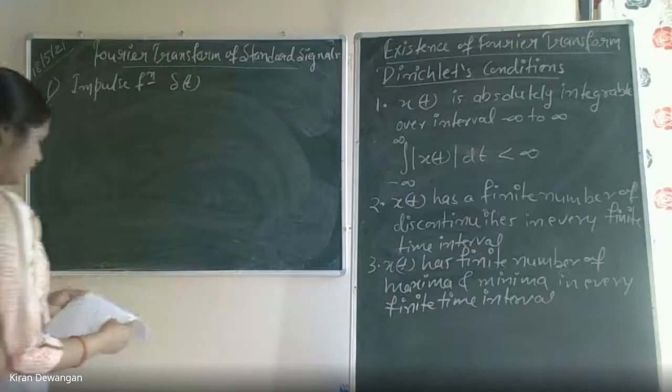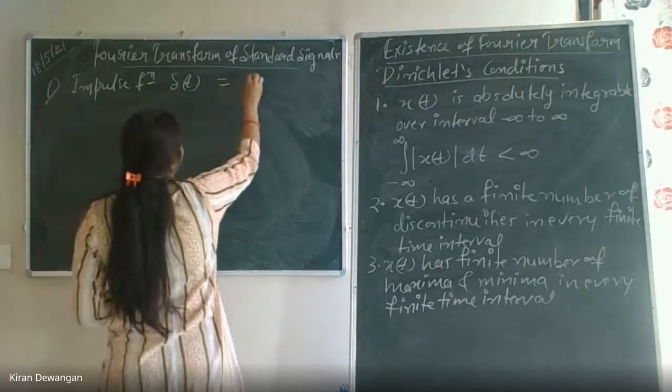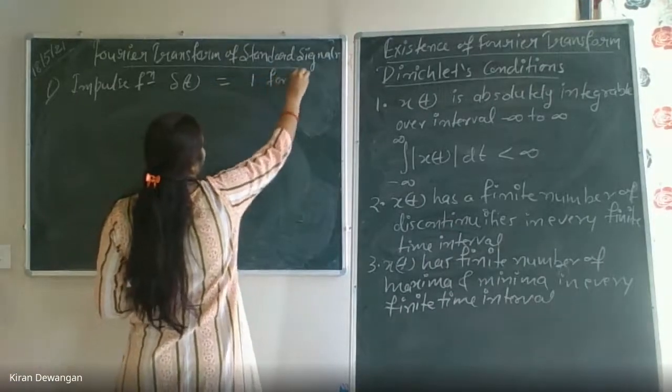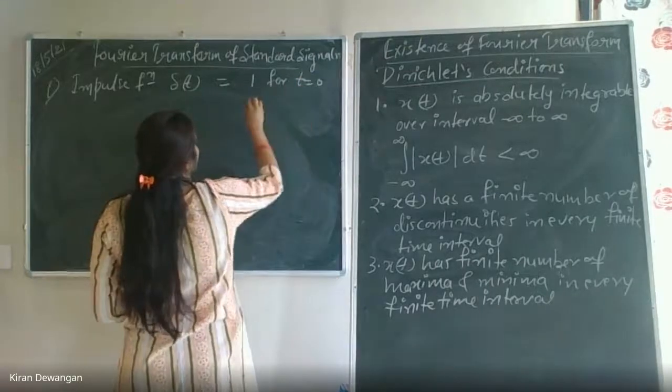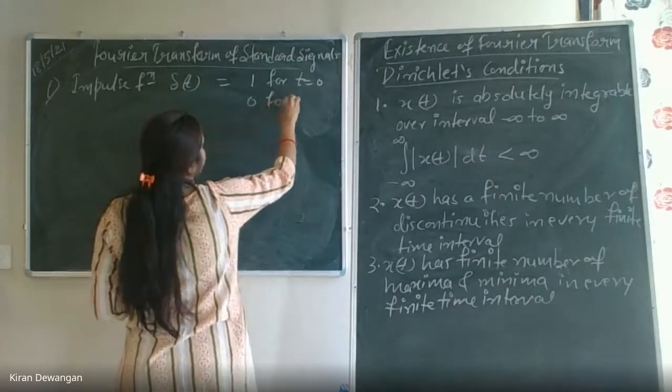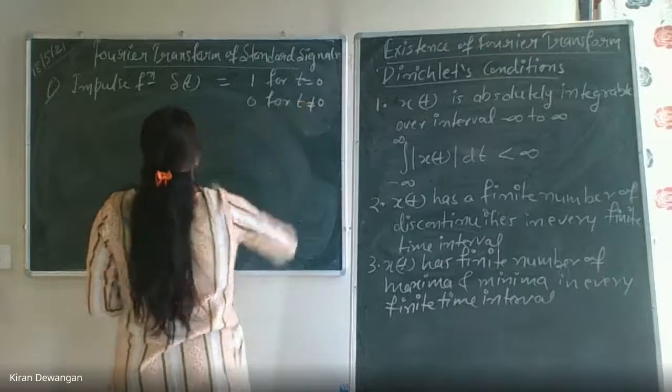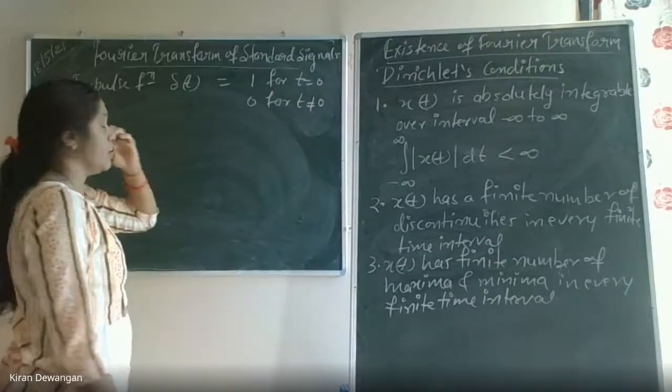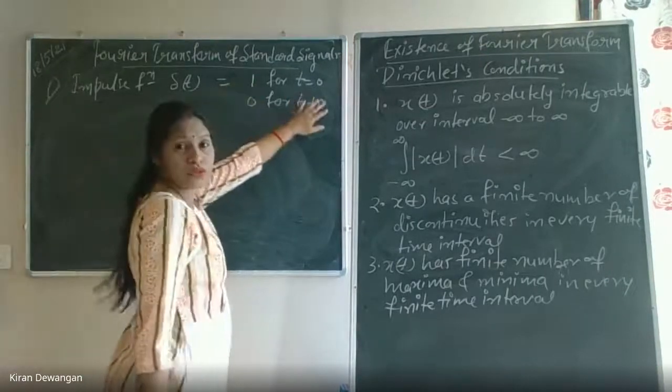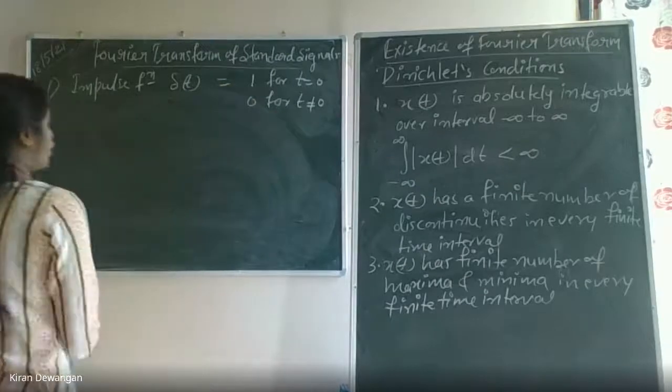We already know what del(t) is. Del(t) is 1 for t equal to 0 and it is 0 for t not equal to 0. This is our del(t) impulse function.